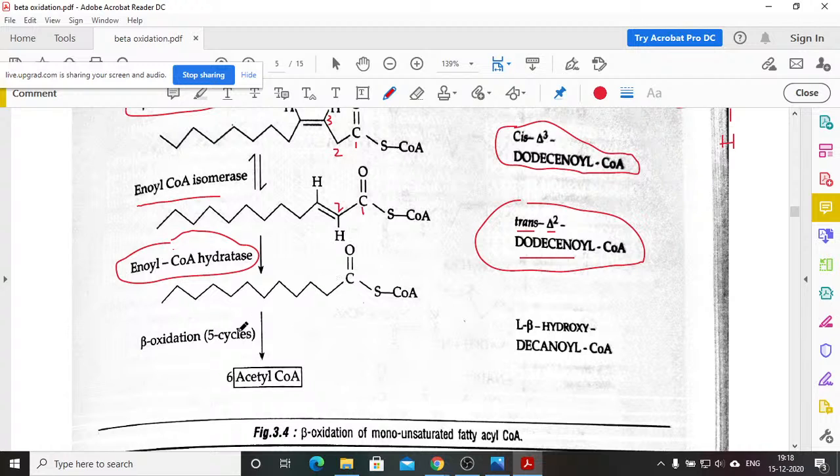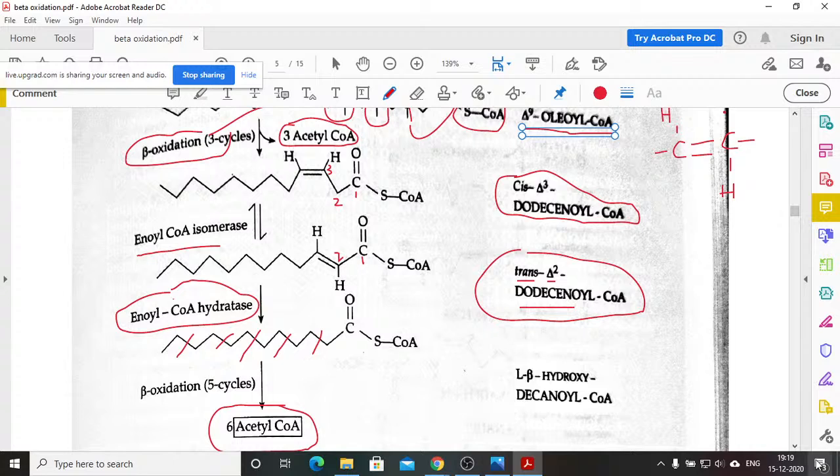After this, two carbons go out every time: 1, 2, 3, 4, 5. So there are 5 cycles of beta oxidation taking place, and that means in the end 5 acetyl coenzyme A plus 1 which is remaining, that is 6 acetyl CoA, is produced. So this is the end product when there is an unsaturation. This is how beta oxidation takes place in this compound.